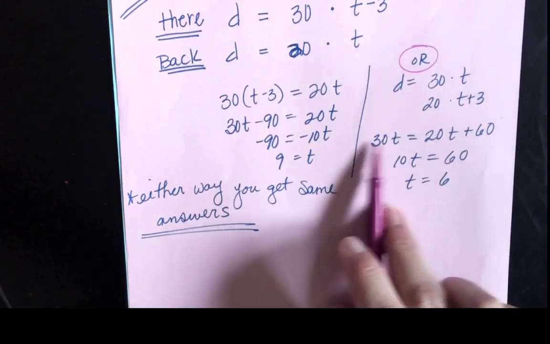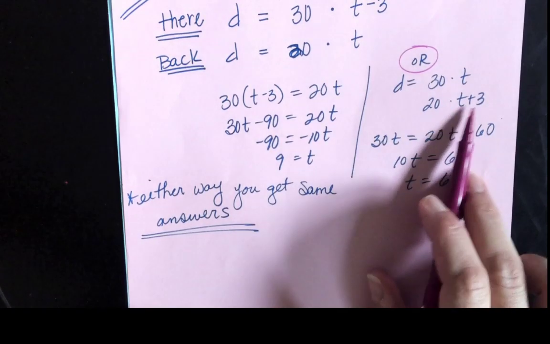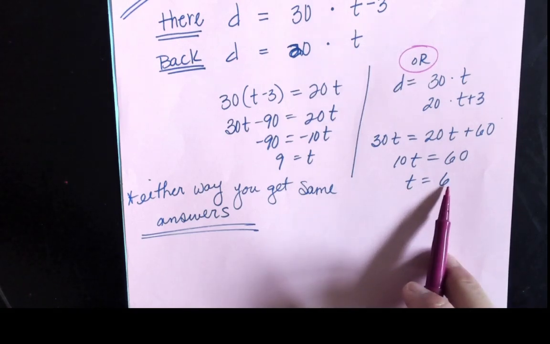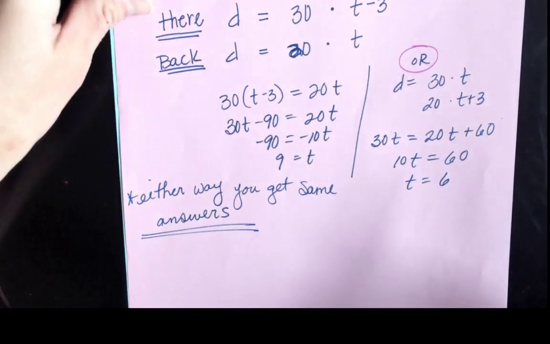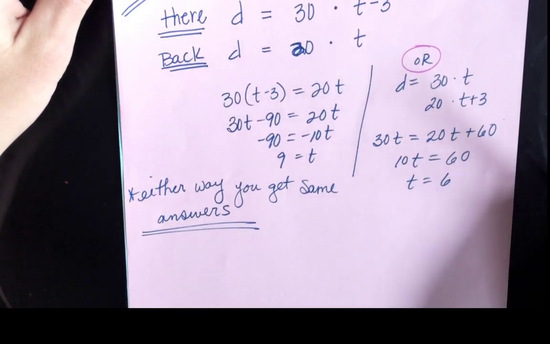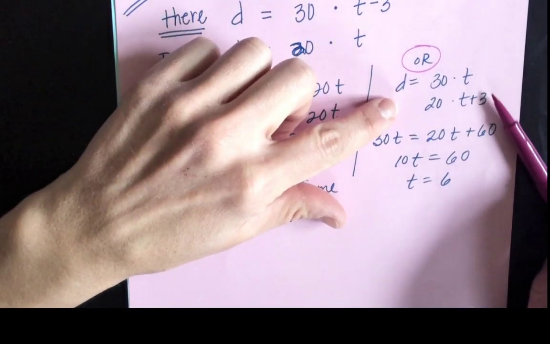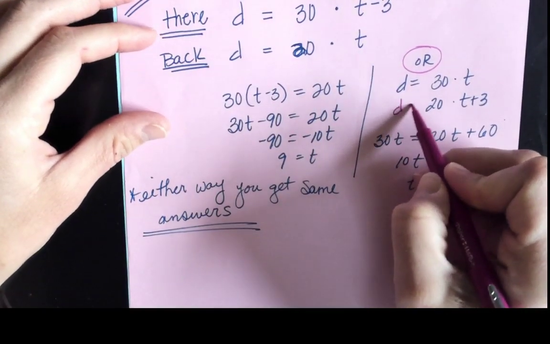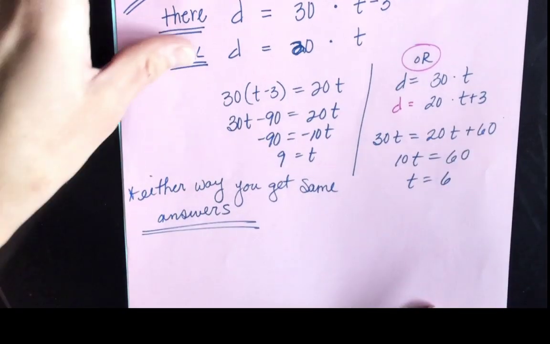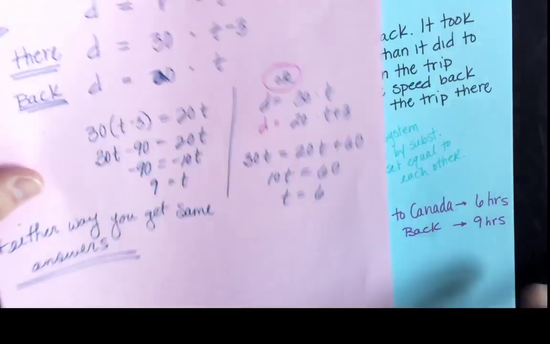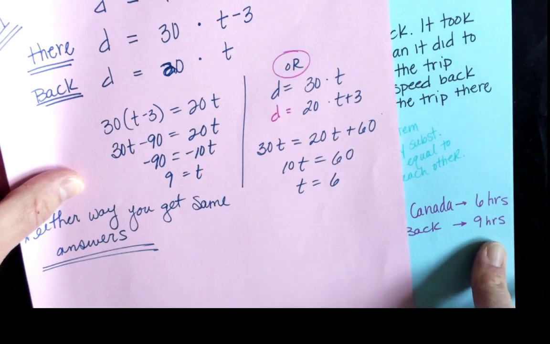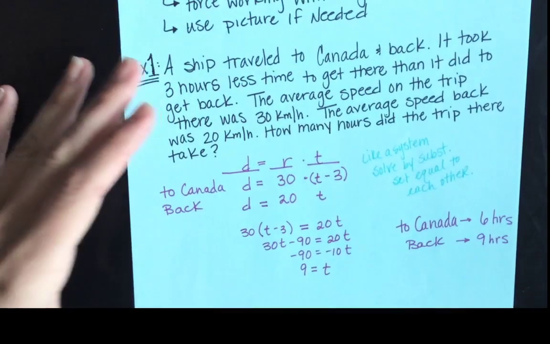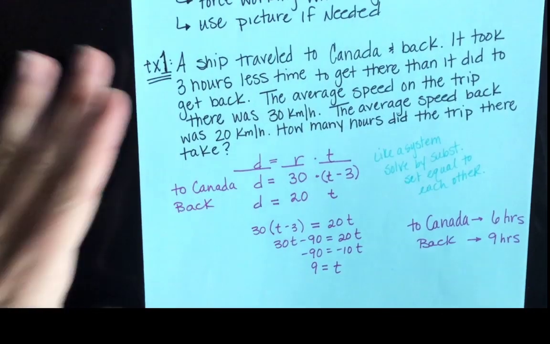Worked out everything using my distributive property, 20 times the t plus 3. And in this case, I got t equals 6. Well, t equals 6, and t plus 3 would equal 9. So if our time there to Canada was 6, our time back was 9, it still matches. So it doesn't matter, as long as we address the time difference in our problem.